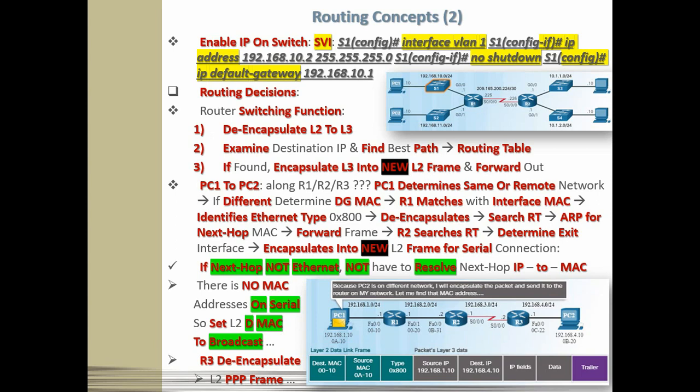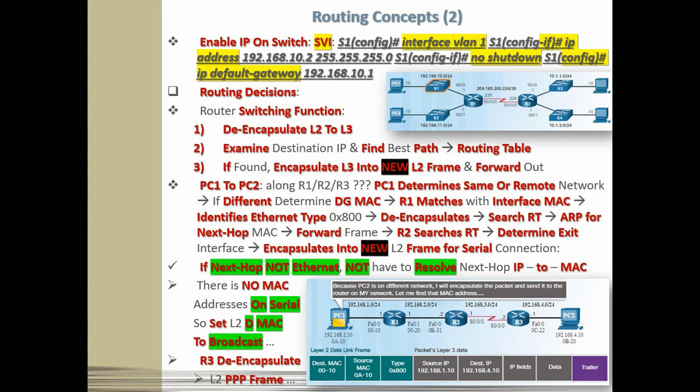How do routers do this? They use what we know as a switching function, which is a process that accepts a packet on one interface of the router and forwards that packet out of another of the router's interfaces. As I said, this is not to be confused with the function of a layer 2 switch.